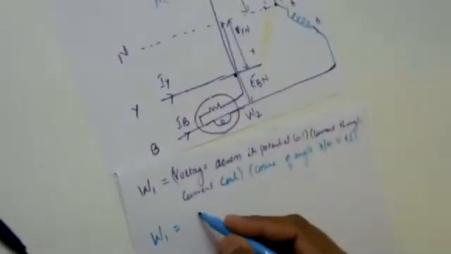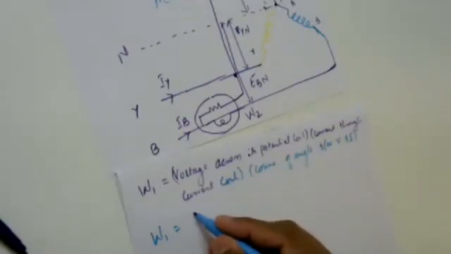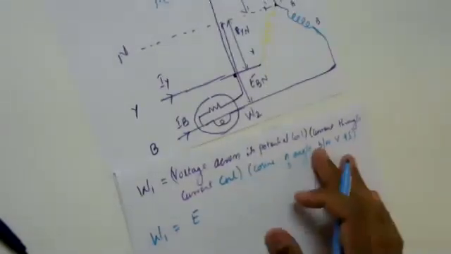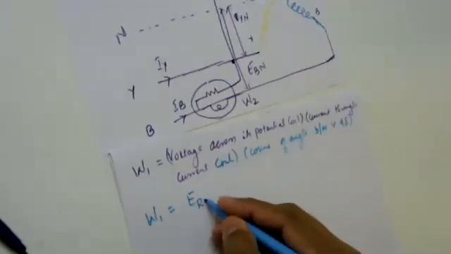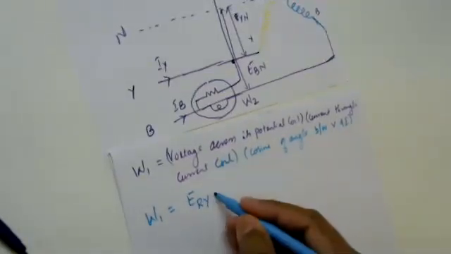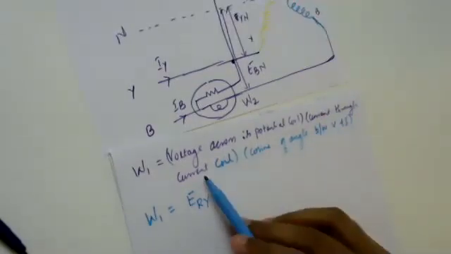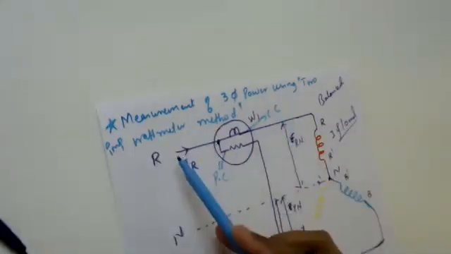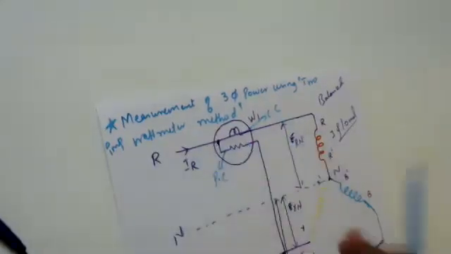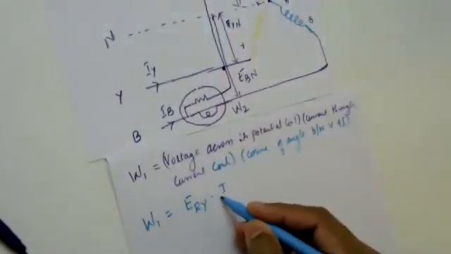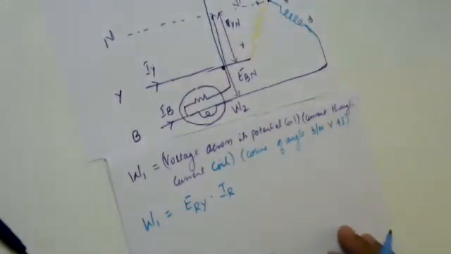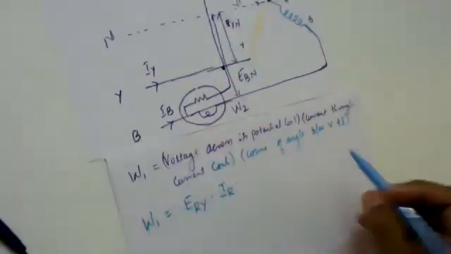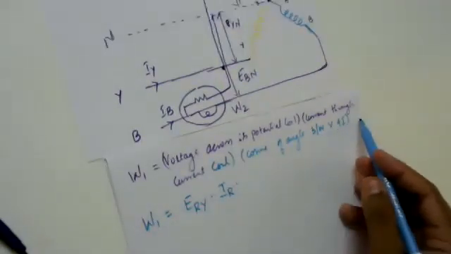Therefore I can write it as the voltage that is developed across R phase and Y phase, into the current through the current coil. Now I know that my current coil is in series with the R phase. So what will it read? It will read the current flowing in the R phase, which is nothing but my IR, into the cosine of the angle between the voltage and current.